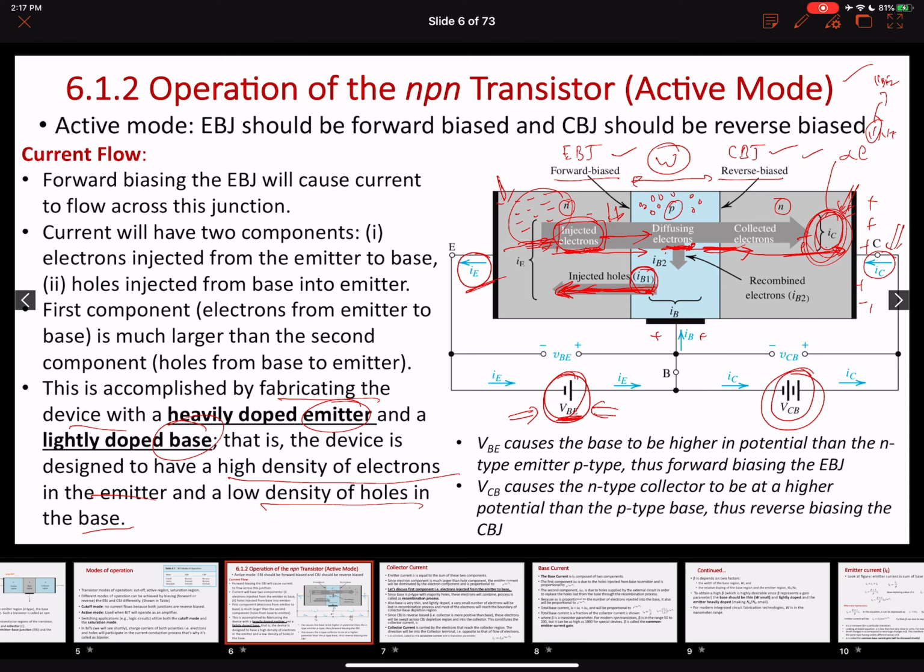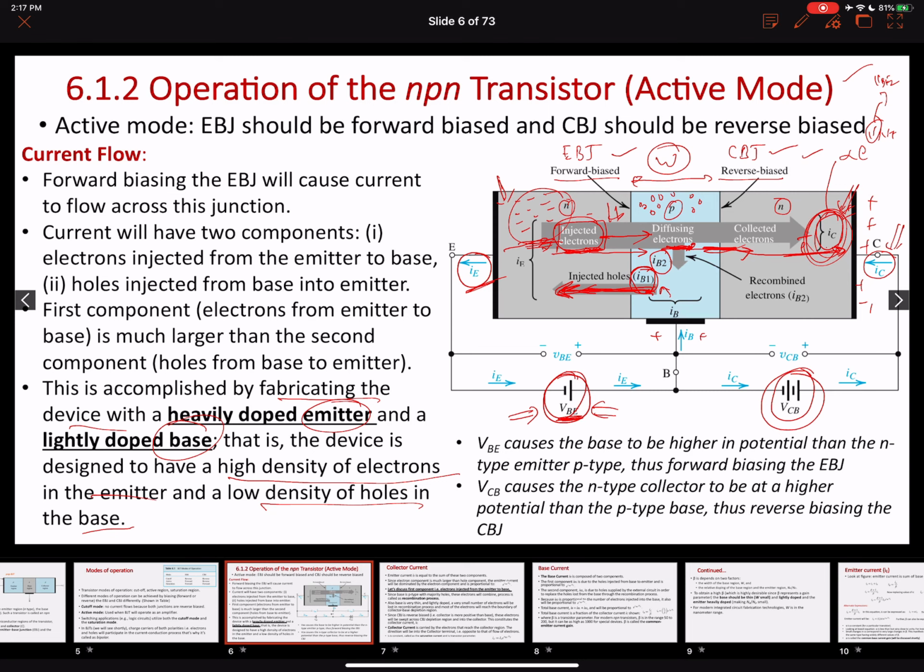Our second component is this IB2. So what is this IB2? We know that in the base region, apart from IB1, which is holes injected from the base to the emitter, some of the holes were being lost in the recombination process with these injected electrons from the emitter to the base.